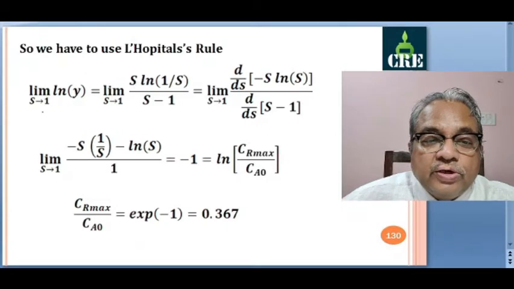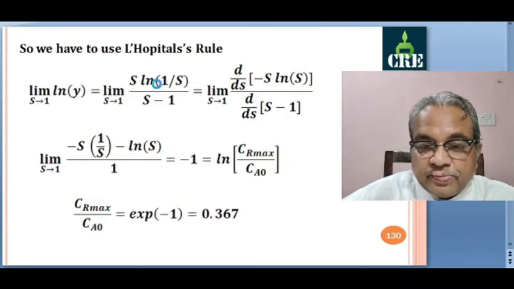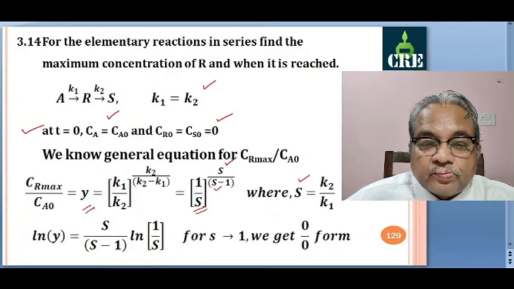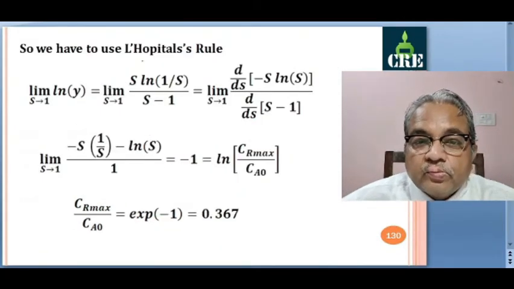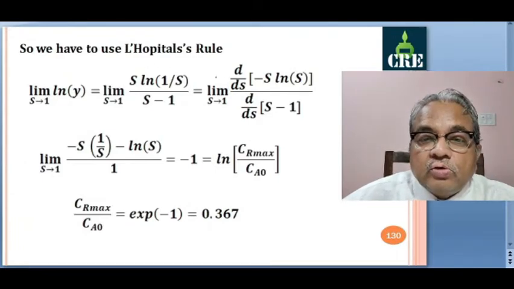So to solve this, we use L'Hopital's rule. So for this, we take limit S tends to 1, ln of Y, limit S tends to 1, S into ln of 1 by S divided by S minus 1. So using this rule, we take the derivative of numerator and derivative of denominator.